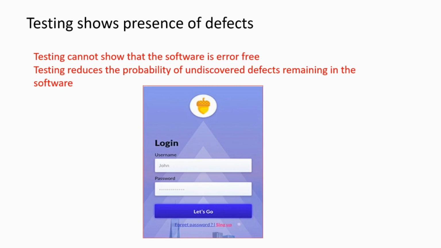I have a software which has a login screen, and as a tester I am responsible to test this login screen. Even if I have covered various combinations and permutations of username and password, and I have tested all the functional aspects, I cannot say that this piece of software is error-free, because there might be some non-functional aspects of error.